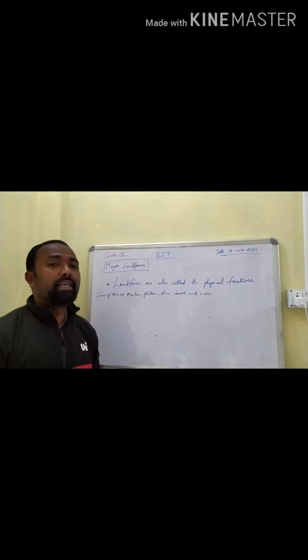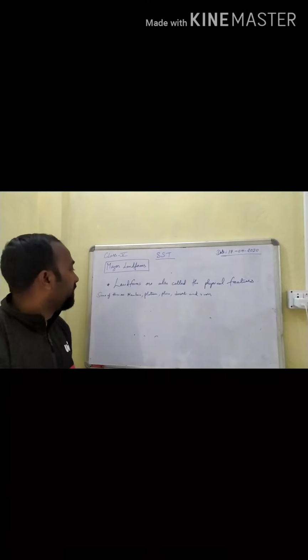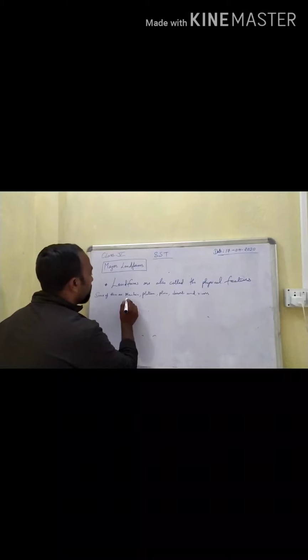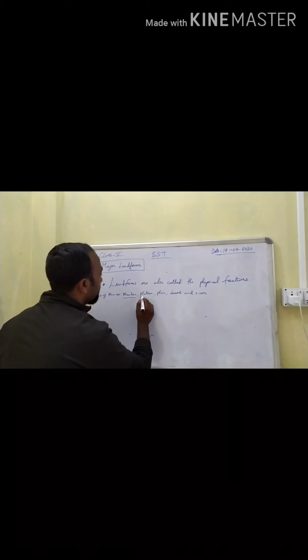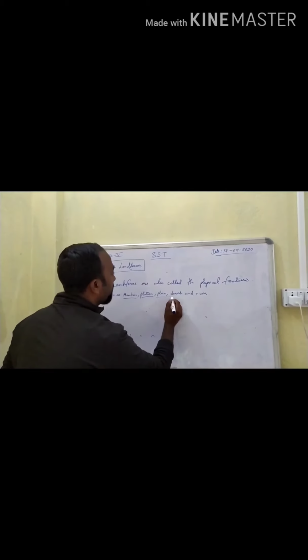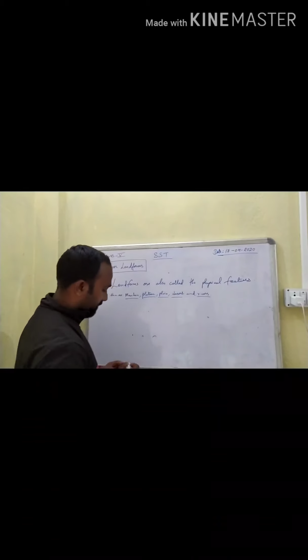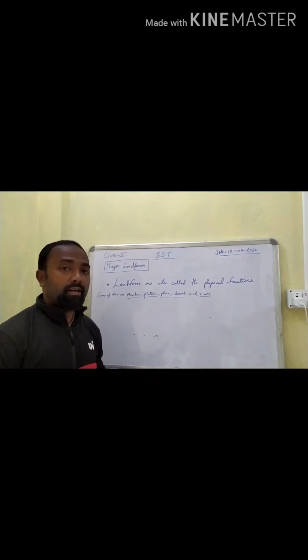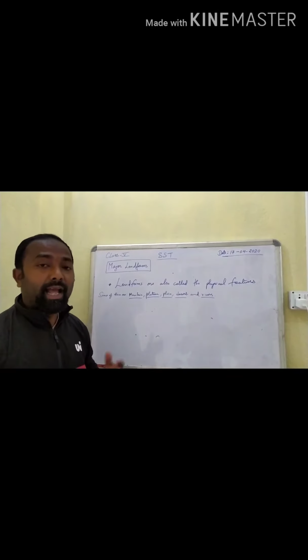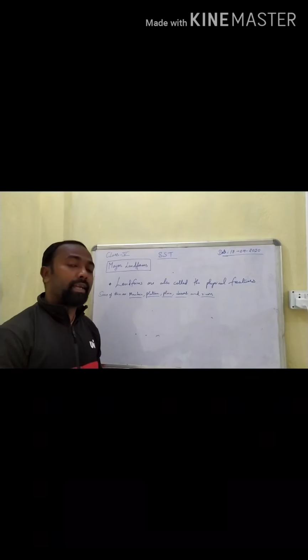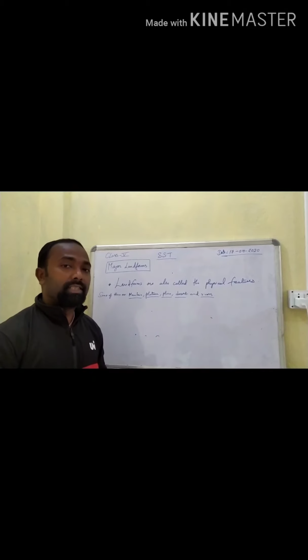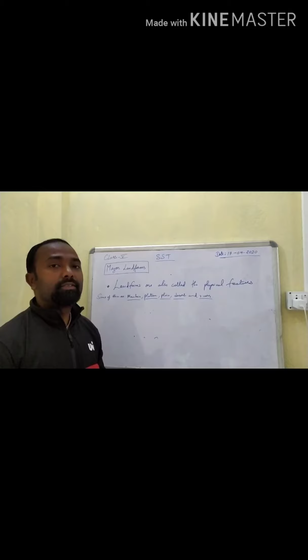Landforms are also called physical features. Here I have mentioned some of the physical features: the first one is mountains, the second is plateau, the third is plain, then desert and rivers. There are many other physical features found on the earth, such as volcanoes, hills, valleys, and some others like ponds and so on.